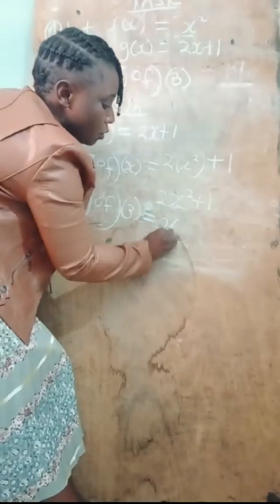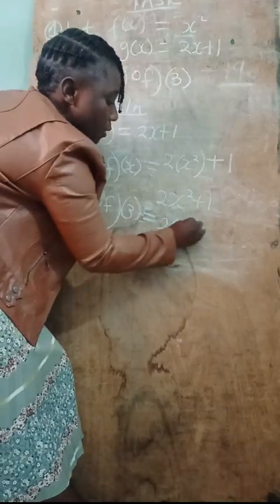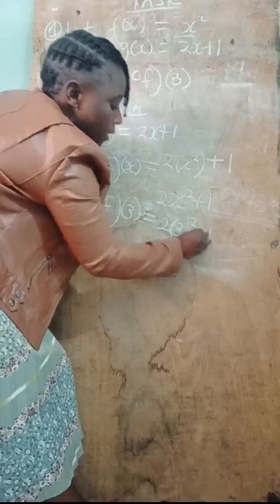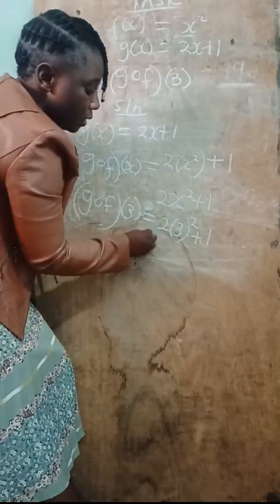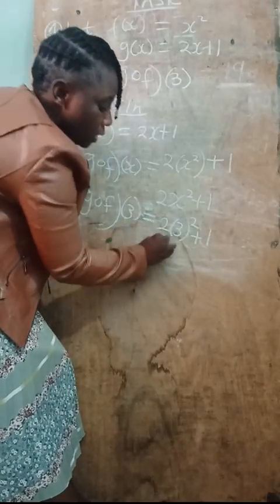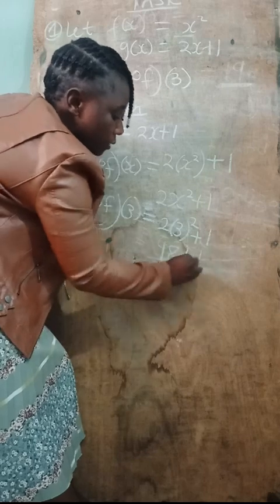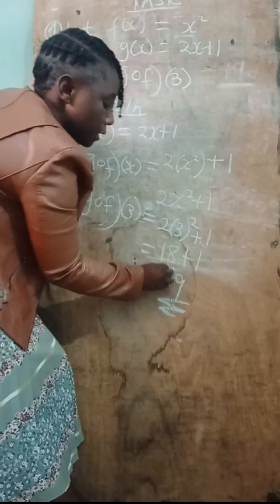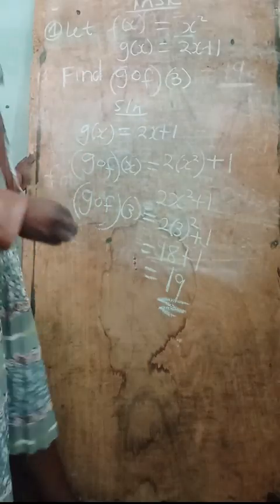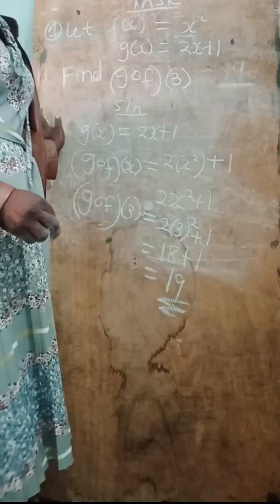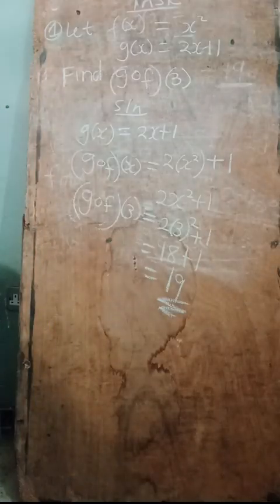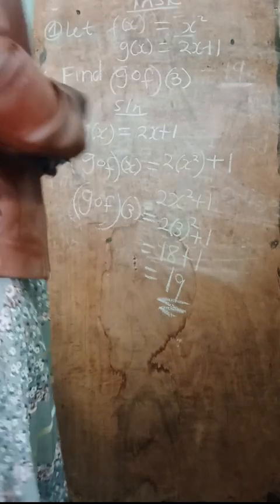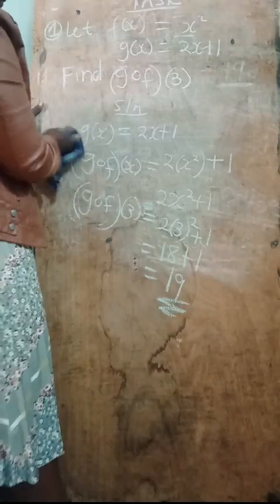So we have 2, open brackets, 3 squared plus 1. So 3 squared, we know it is 9. 9 times 2 is 18. 18 plus 1, we are going to get finally 19. So this is the answer that we were supposed to find in the first question that we were given the last time.